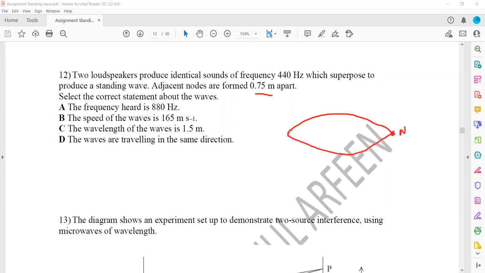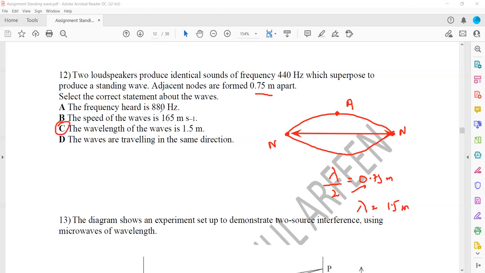So this is node, node and antinode. The distance between two successive nodes is lambda by 2, equal to 0.75 meter, so lambda will be 1.5 meter. So the wavelength of this wave will be 1.5 meter.